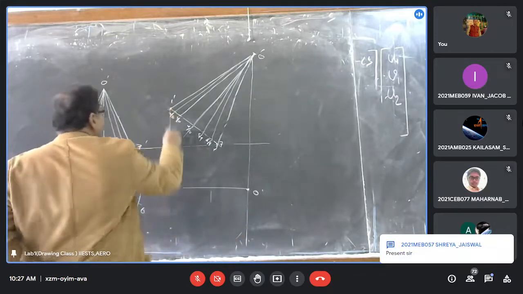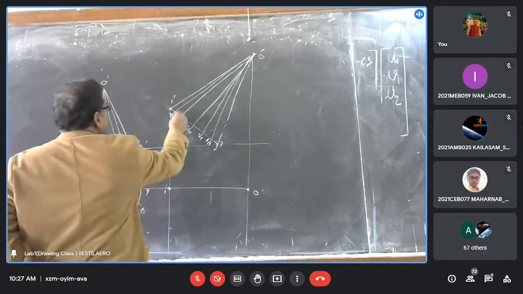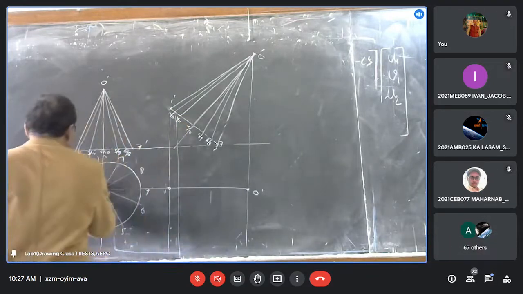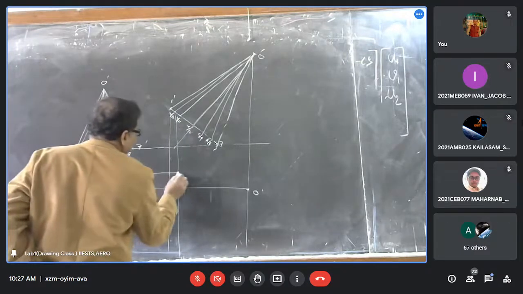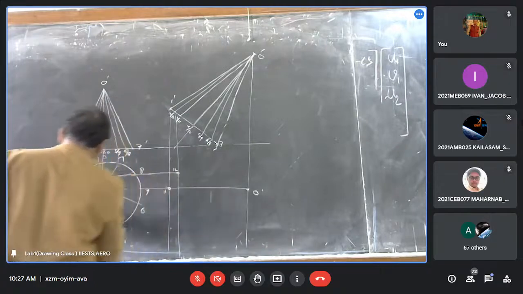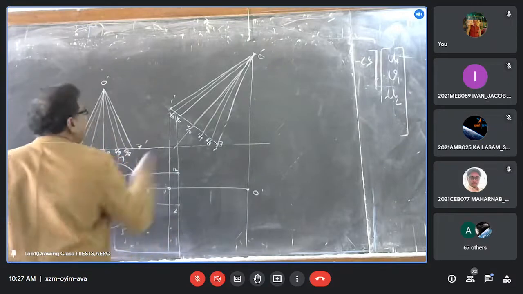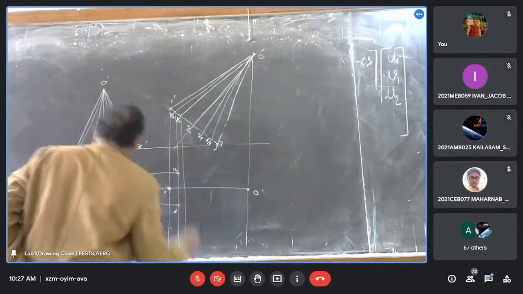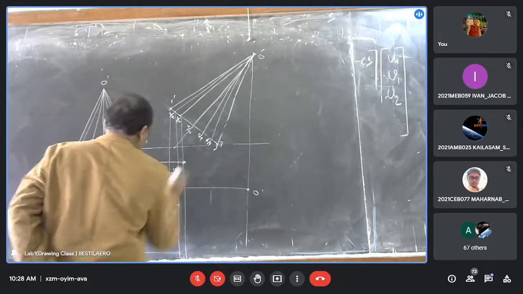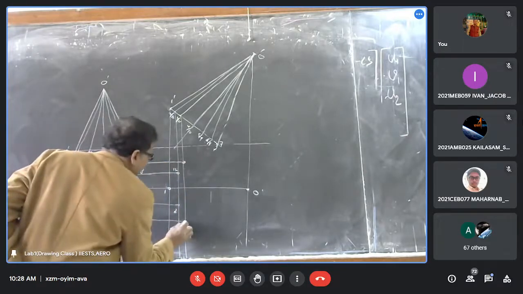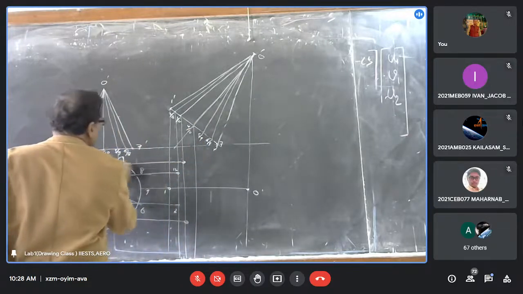So first from 1. 1 is here. Then 2 to this is 12. 12 and 8 are coming on the same line. This is 12 and 2. This is 2 and then 11. This is your 11. This is your 3 and 14. And the extreme, this is the 10.